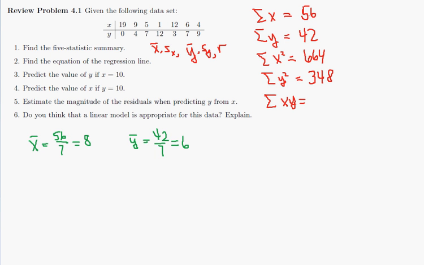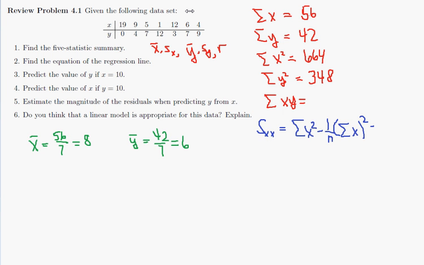So at this point, we can now compute an intermediate step, which is to compute s sub xx and s sub yy. S sub xx is defined to be the sum of x squared minus 1 over n times the sum of the x's all squared. And let me give myself a little bit more room to work.